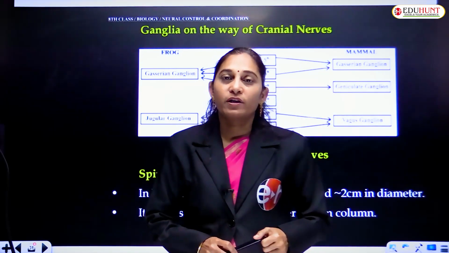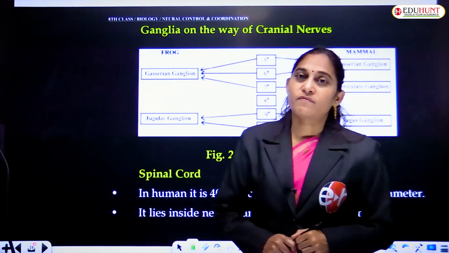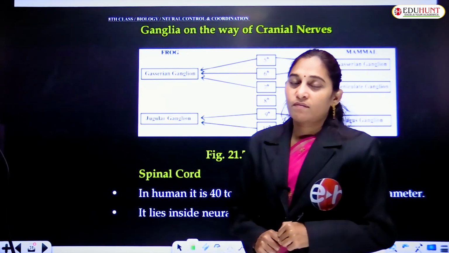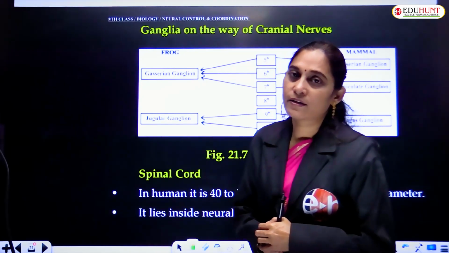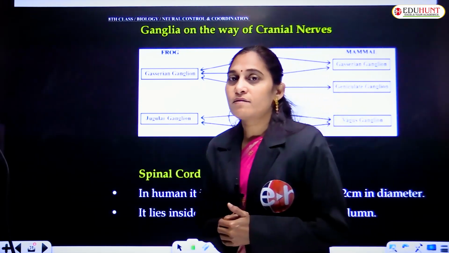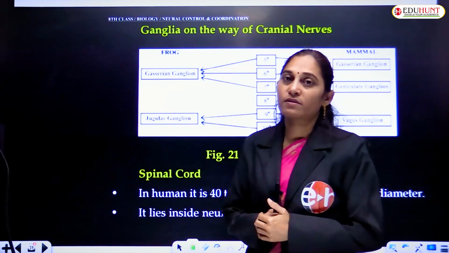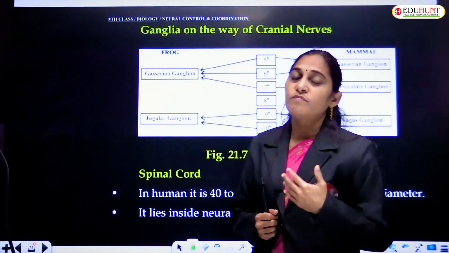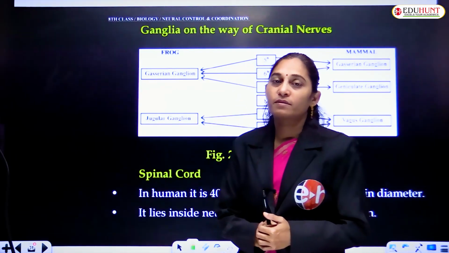In this session, we are going to discuss the remaining part of the peripheral nervous system. We know that the peripheral nervous system consists of cranial nerves and spinal nerves. Cranial nerves are of different types: sensory, motor and mixed. We have seen which cranial nerves are sensory, which are motor and which are mixed.